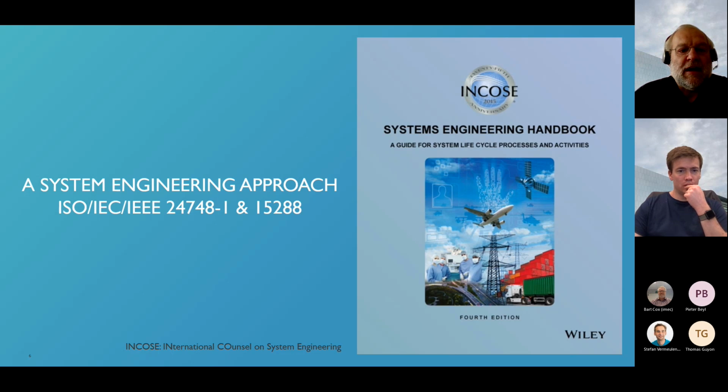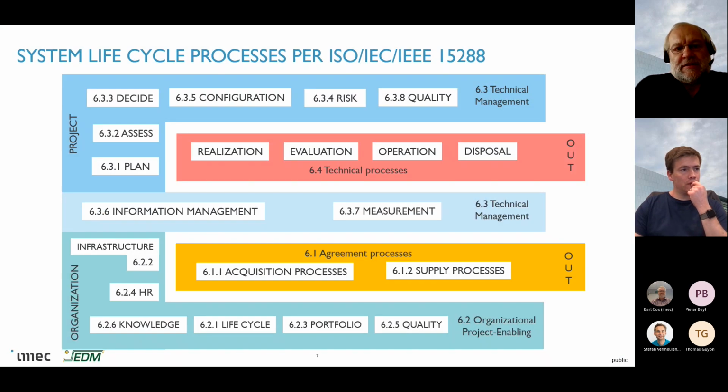A number of system engineering and software engineering standards have been developed, and the most important one is the 15288, which we will use as a basic framework to address smart product development. This standard defines a number of system lifecycle processes.